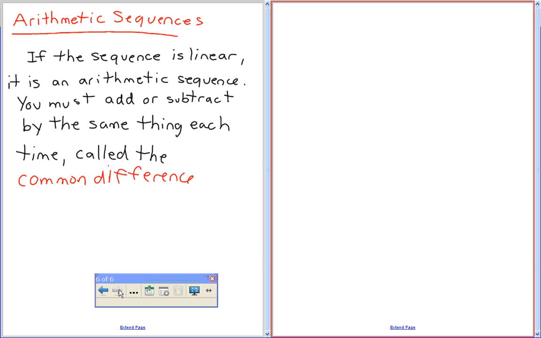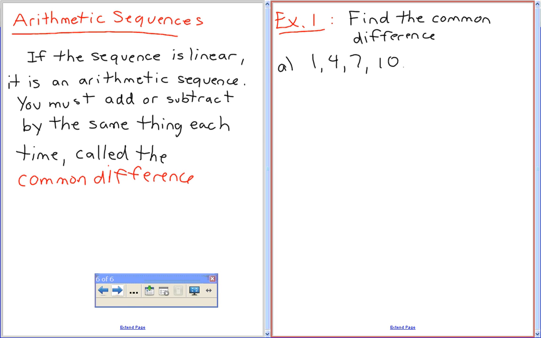Example one is going to say find the common difference. The first one is going to be 1, 4, 7, 10.